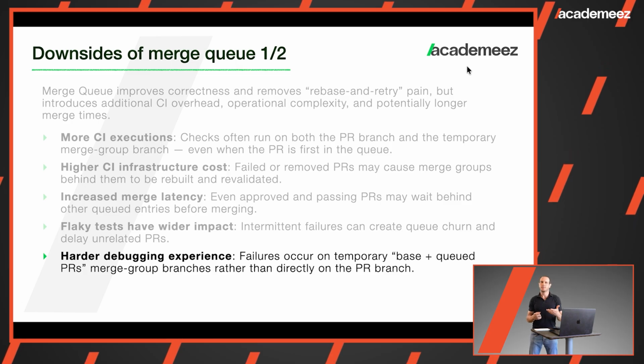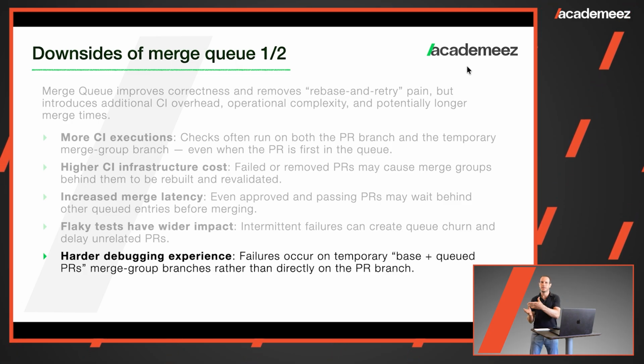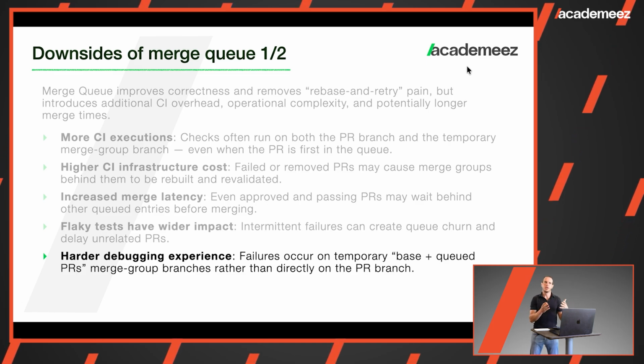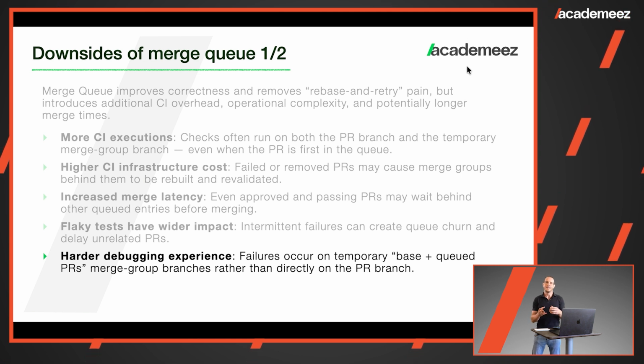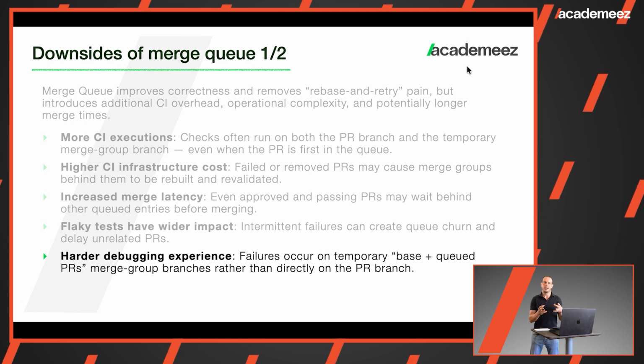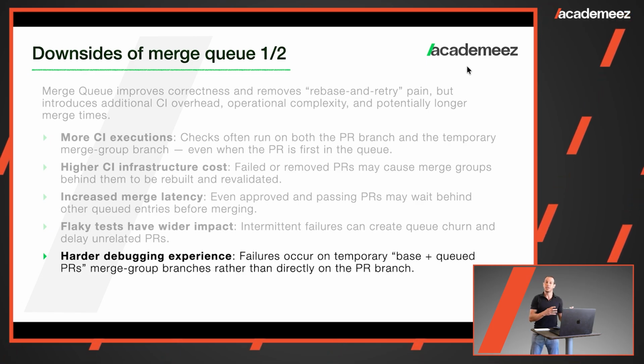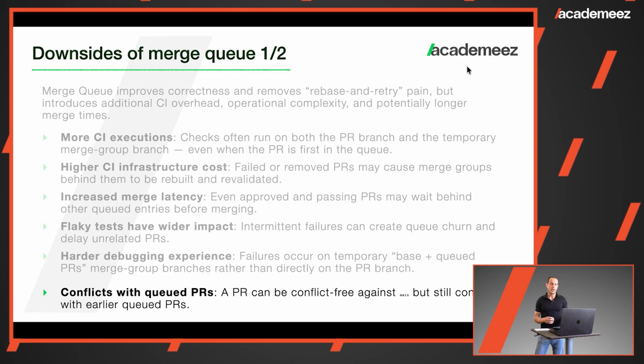It's a harder debugging experience. You need to understand why maybe your pull request passed on your pull request page but failed in the merge queue. You'll need to understand what happened in that temporary branch. I know that the logs in GitHub Merge Queue and the debugging tools are not that great, and the documentation is also not that good.